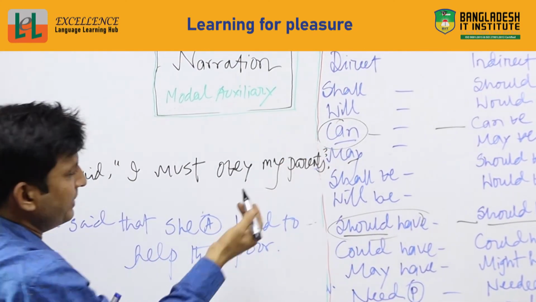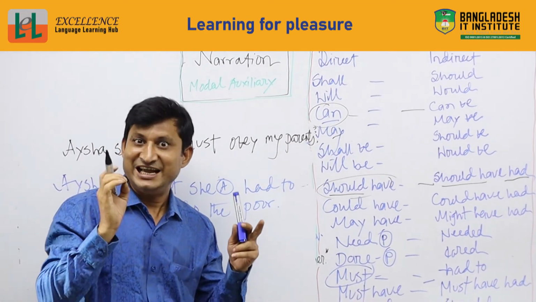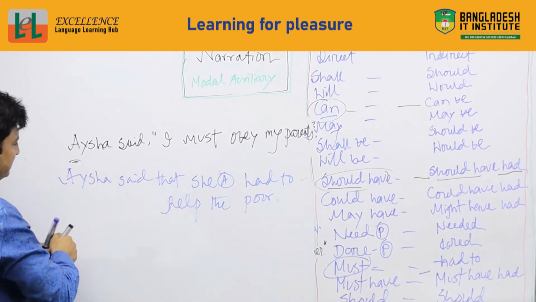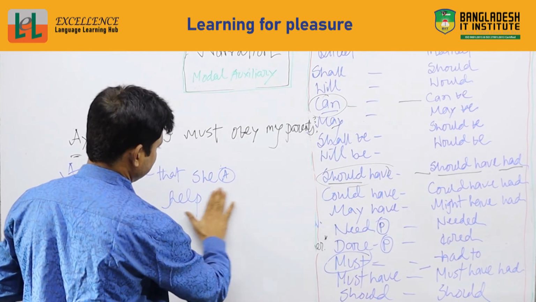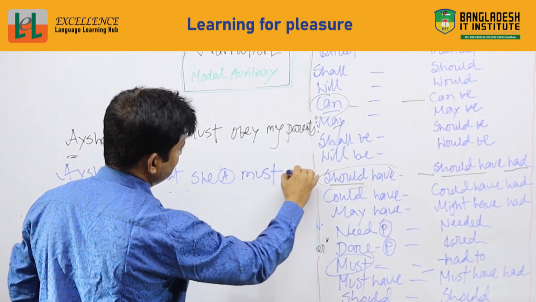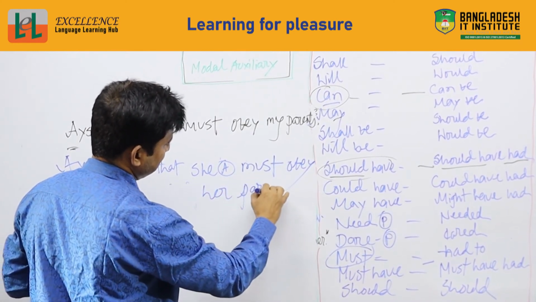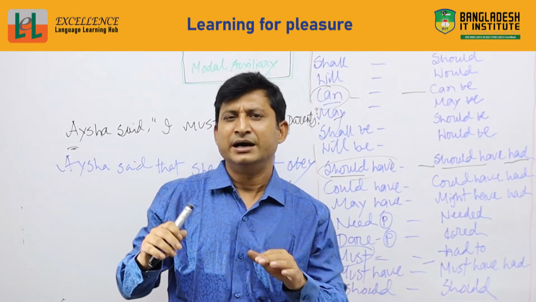I must obey my parents, but this is not her choice. Actually, she must do it. So in that case, we'll write Aisha said that she must obey her parents. So this is obligatory. Of course, she must do it at once.